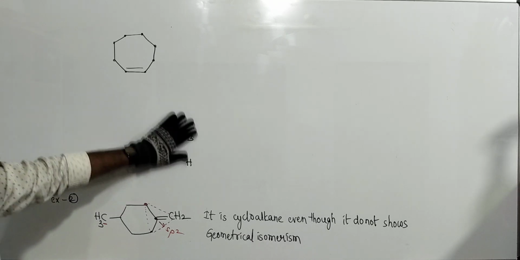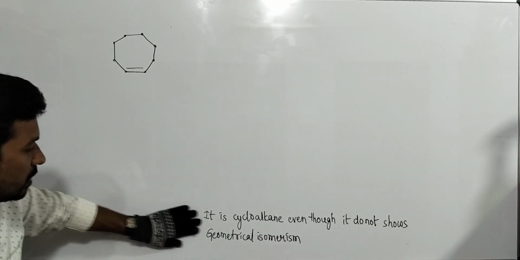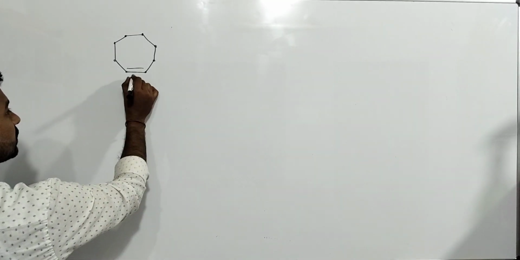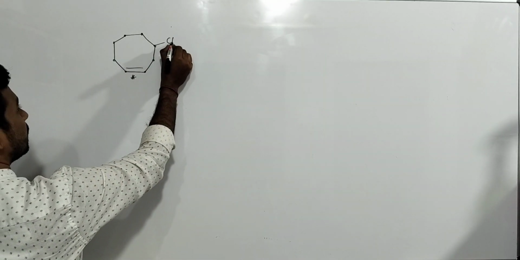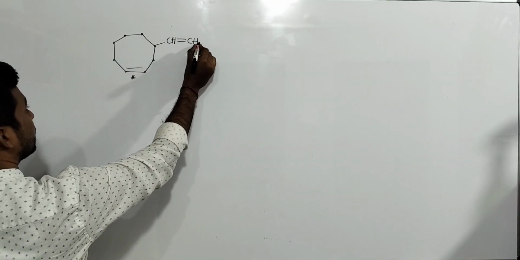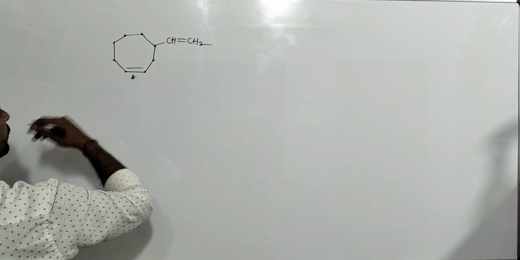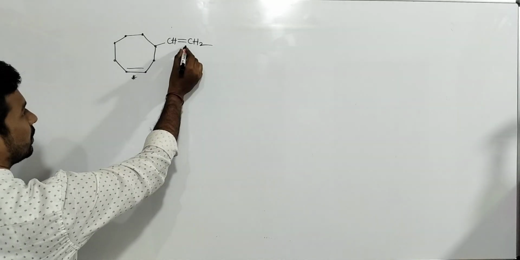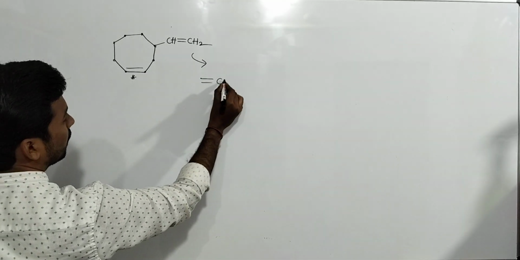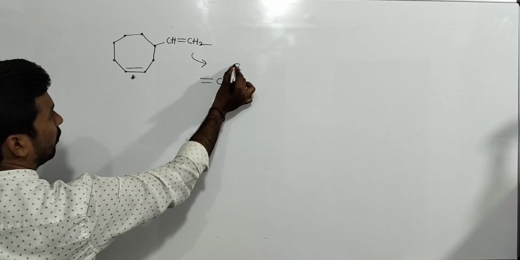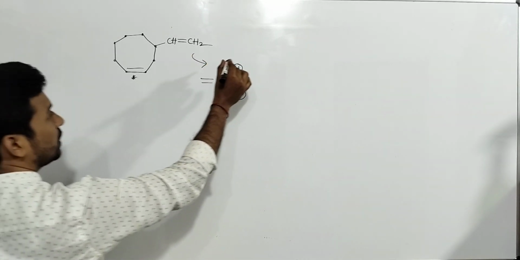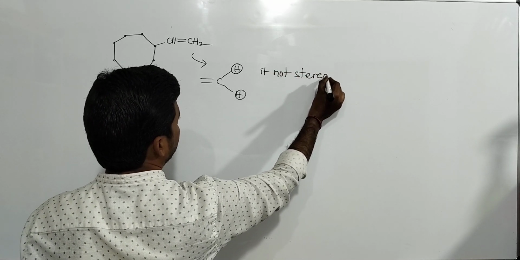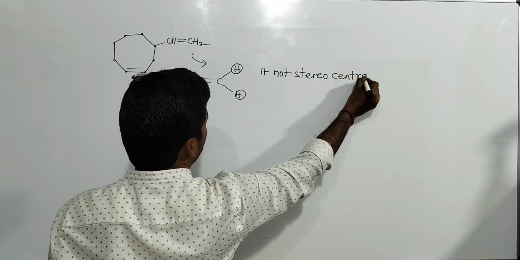Cyclooctane containing greater than 7 carbon atoms. Geometrical isomerism is possible on account of this double bond. This is one stereo center. If you write CH double bond CH2, how many stereo centers? Only one. This double bond is not a stereo center, because this is a double bonded carbon with hydrogen, hydrogen. Both are similar groups, so it is not a stereo center, which does not lead to stereoisomerism or geometrical isomerism.